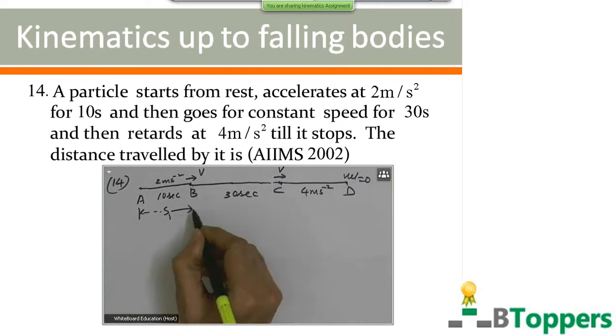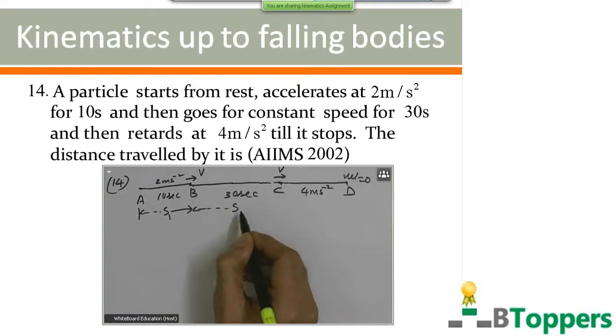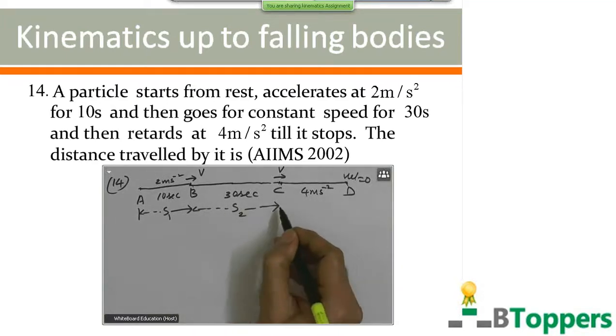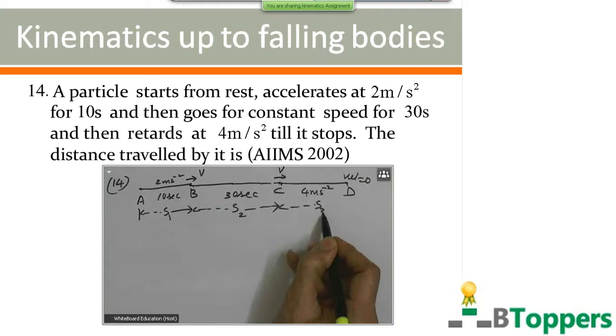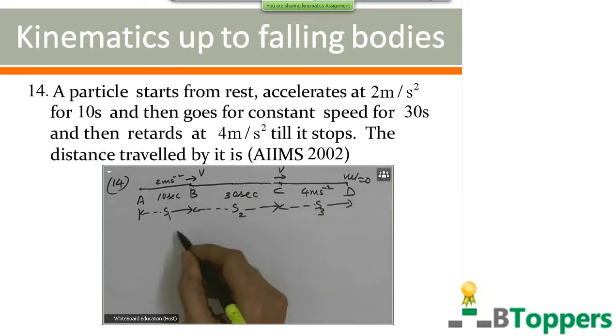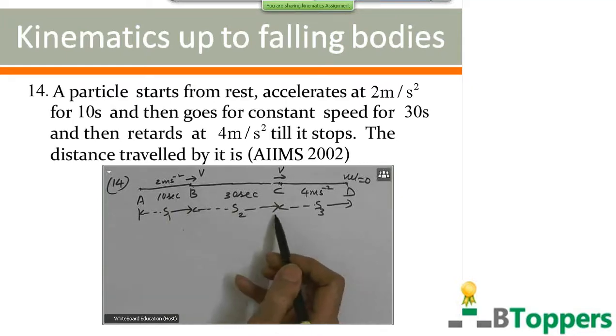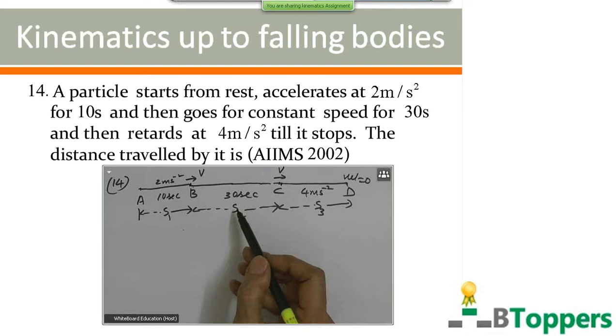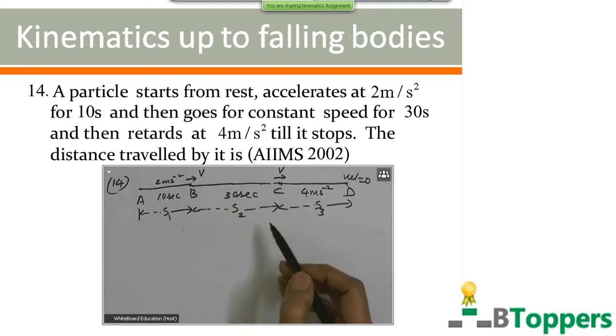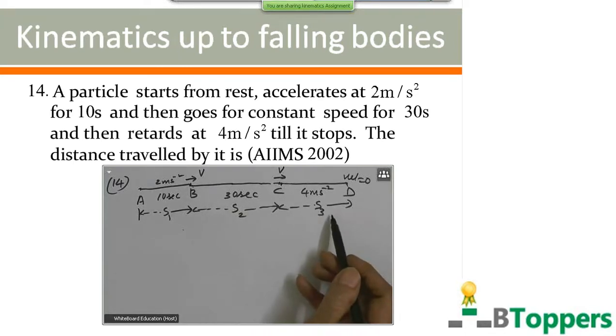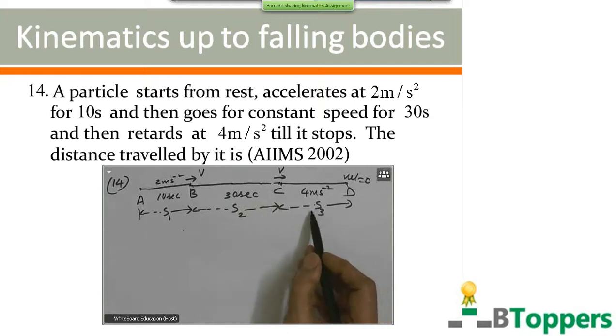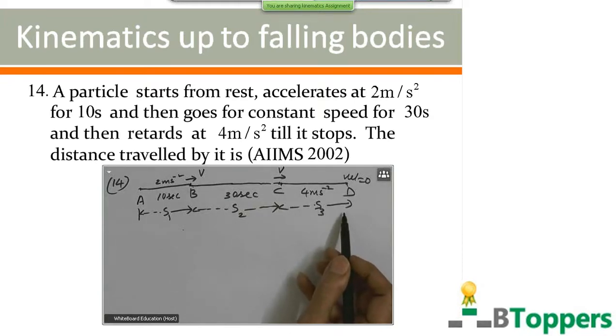The total distance traveled is the sum of three distances, S1, S2, S3. Here S1 is the distance traveled in the first 10 seconds with uniform acceleration of 2 meter per second square. S2 is the distance covered in the next 30 seconds with constant speed v. And S3 is the distance covered during the retarded motion before it comes to rest.